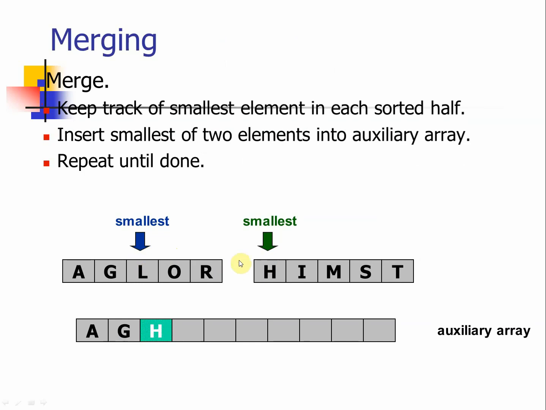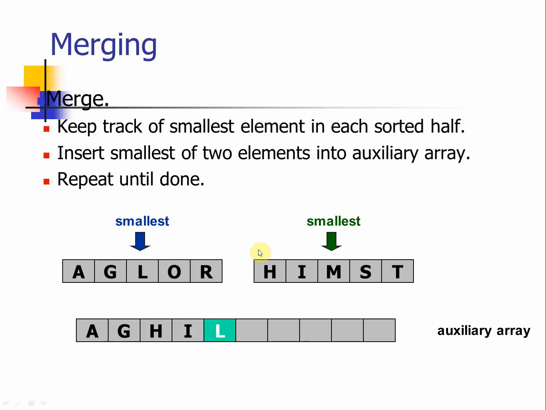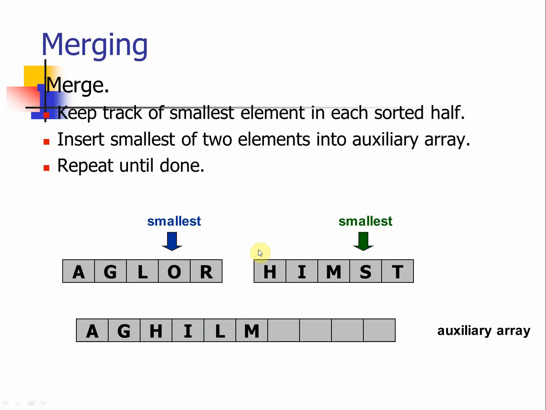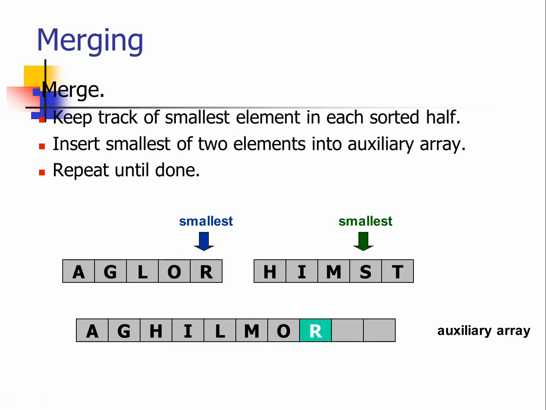So we take H into the auxiliary memory array, and we move the index to the next one on the right segment. We compare L and I, I is smaller; compare L and M, L is smaller; compare O and M, M is smaller; and then compare O and S, O is smaller, so we move to the last one.